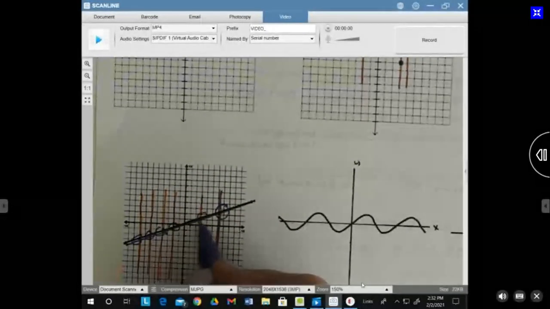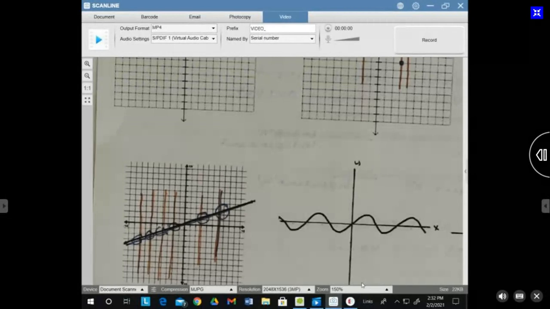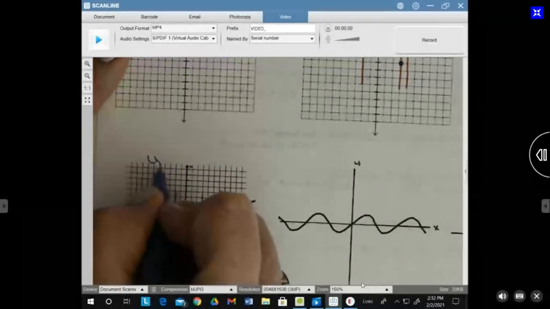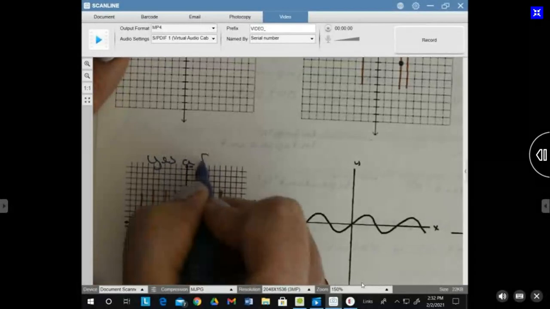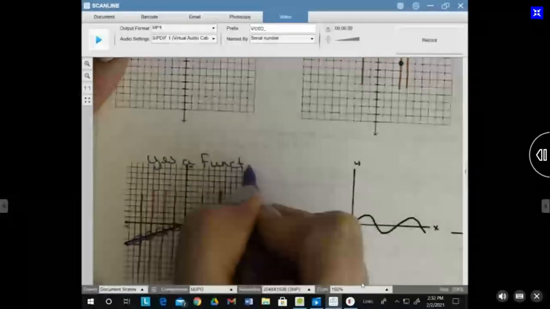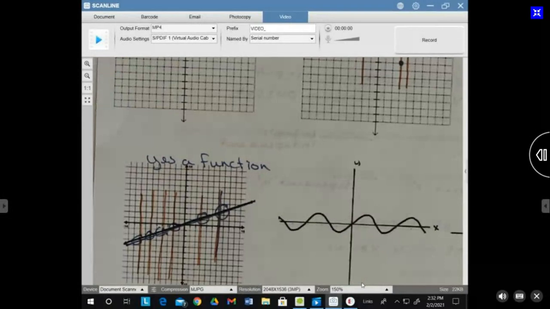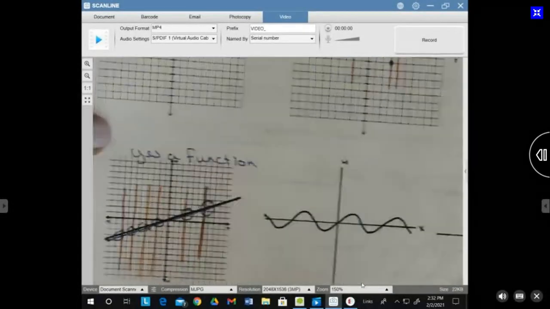No. So it's only going to intersect in 1 point, which means all of my x's are different, and I am a function. That x is continuously changing. What about this one over here?